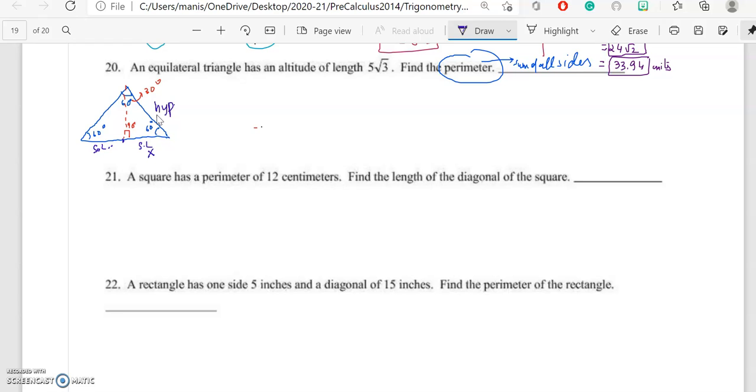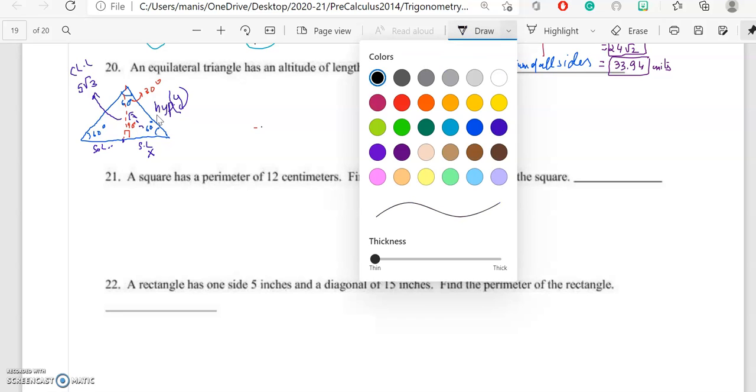Now do keep in mind this is small leg, and this is also small leg over here for this triangle. So I will label this as x, and I will label this hypotenuse as y, and I have been given the altitude. This part is my altitude, and they have given me 5 radical 3. Since it's in front of this 60 degree over here, this will be known as long leg. Whenever I see this type of question, I will write both of my formulas at the same time.